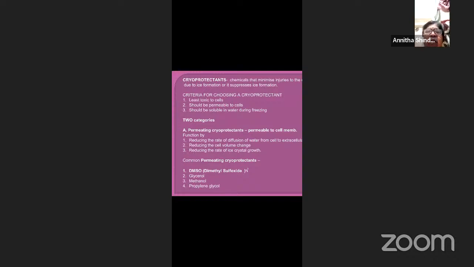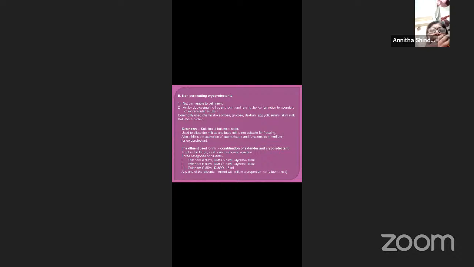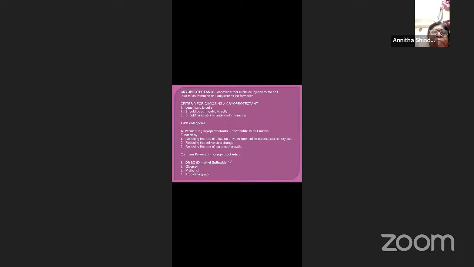It will reduce the rate of diffusion of water from the cell to the extracellular ice crystals. Second, it will reduce the cell volume change, and it will also reduce the rate of ice crystal growth. The other one is the non-permeating cryoprotectant. So there are two types of cryoprotectants.